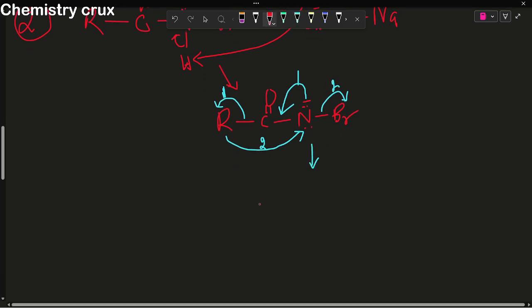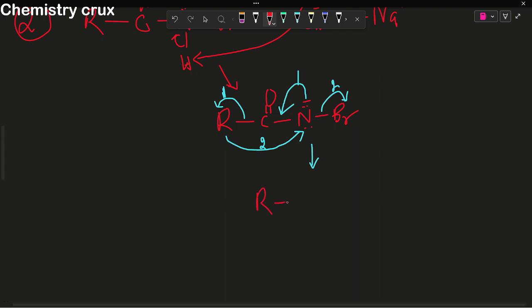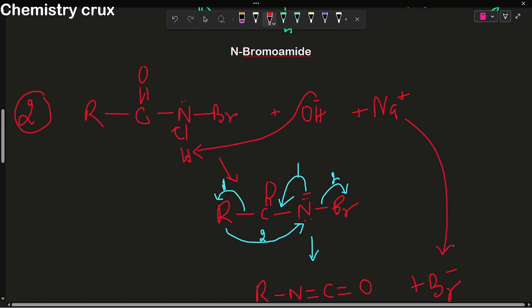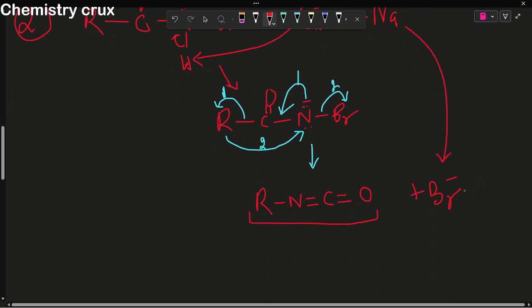So what we got is something like this. Let me draw it in red. Now R will be connected to nitrogen, which will be having a double bond with carbon, which already had a double bond with oxygen. Fine. This is isocyanate. Plus what we have got is Br negative, which will be bonding with this sodium, and it will be forming NaBr.